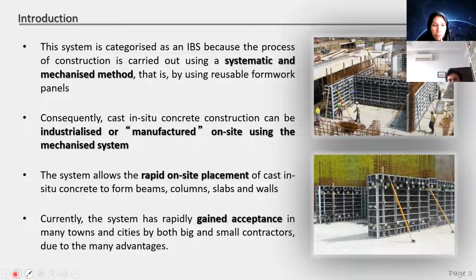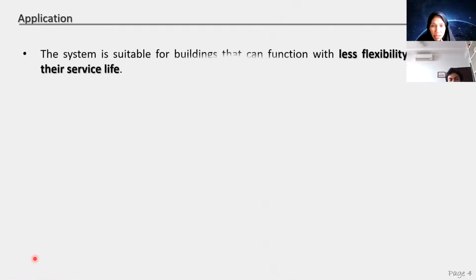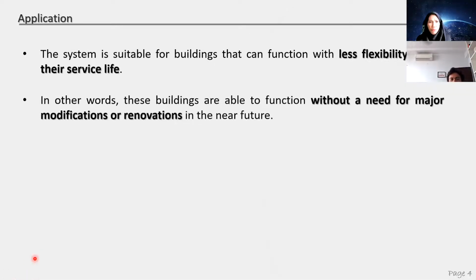So the application is basically in terms of function, with less flexibility in terms of the design. The design of a building will be very modular or standard in form, because by using the formwork system you need to have a similar and repeated number of designs.